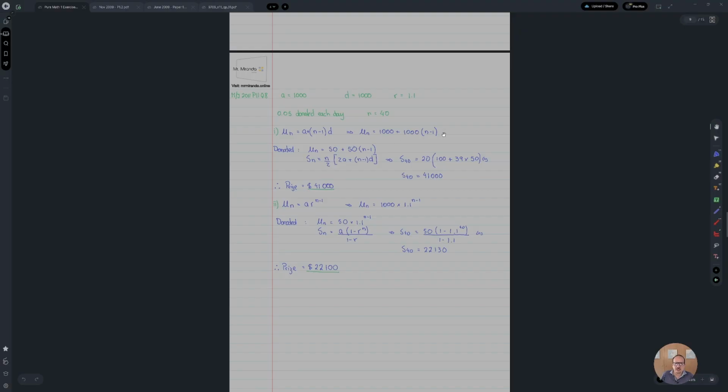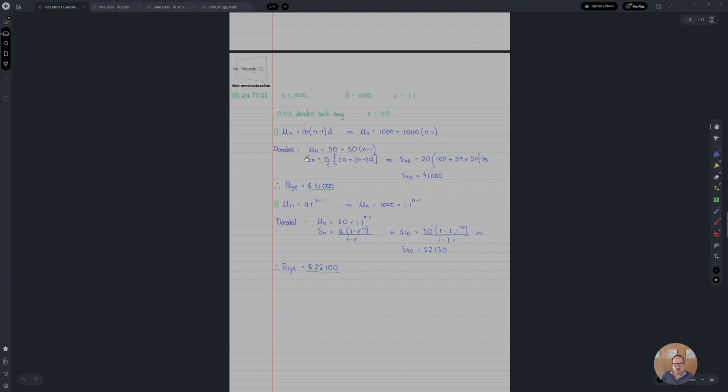You want the part that is donated, which is 5%. So you have to do 5% of this, and this is the thing that you're going to work with. 5% of 1,000, that's 50. 5% of 1,000, the common difference, is also 50. So this is the actual nth term that matters to you. So you can work with this.